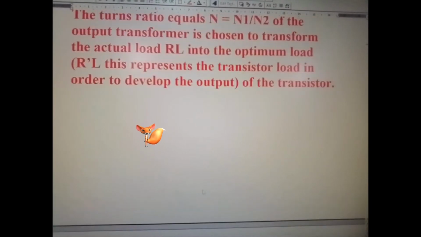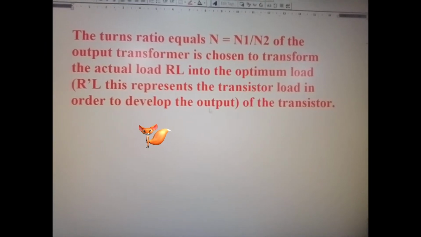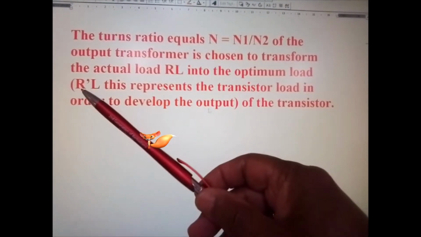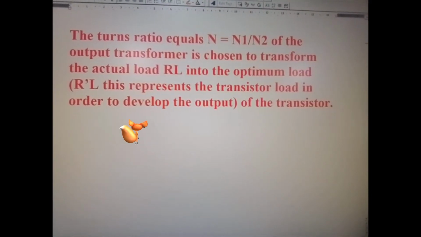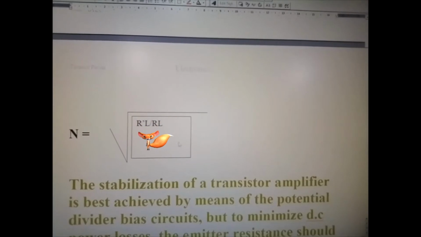And again here, let's go back here. And here you can see that we're talking about RL here and in respect of these two here. And that's what we have here.